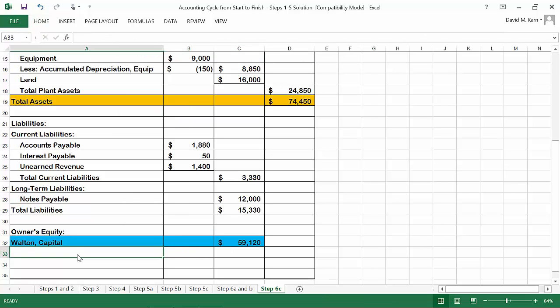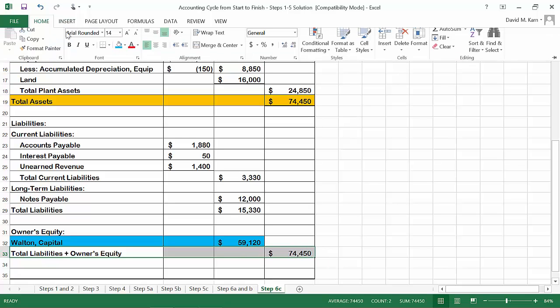And now we can go ahead and total up total liabilities plus owner's equity. So we would take the 15,330 plus the 59,120, and notice that we get 74,450, which is the same amount as our total assets, so we are in balance for our balance sheet.